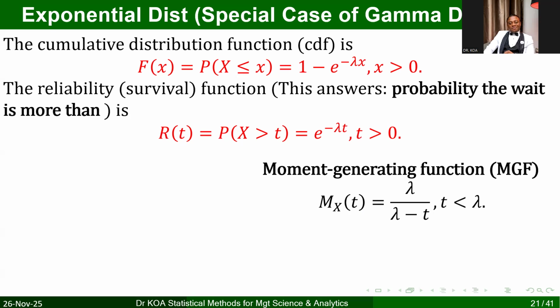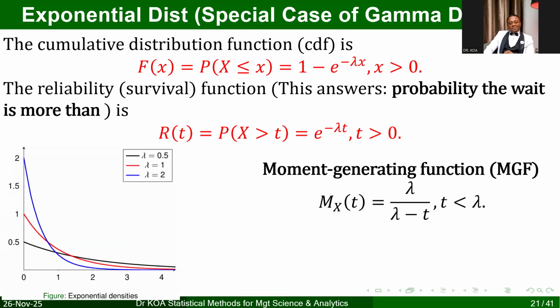That is the moment generating function here. But the key aspect of the exponential distribution depends on the rate parameter, which in this case is lambda. The more the rate parameter increases, the further away you are moving from the origin as you descend.